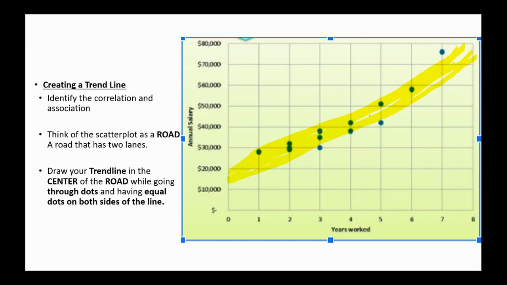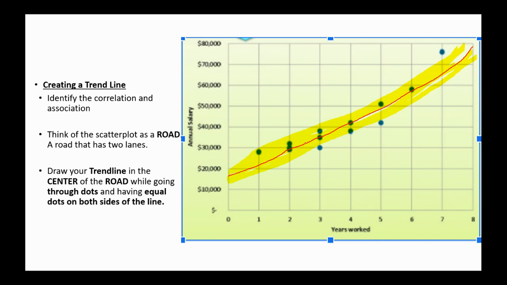Okay. So I know for a fact one thing I wanted to do is to go through certain points, like that. Now you see how my trend line is more centered.